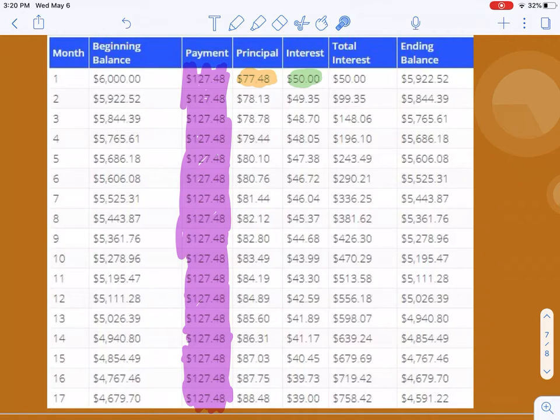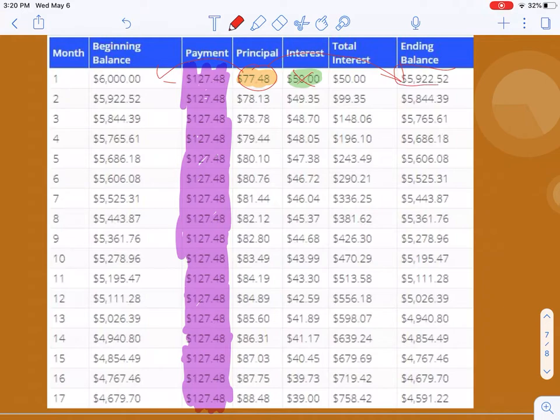And then what happens is, that's your interest payment. The principal is subtracted from your beginning balance to give your new amount. And that's your ending balance.